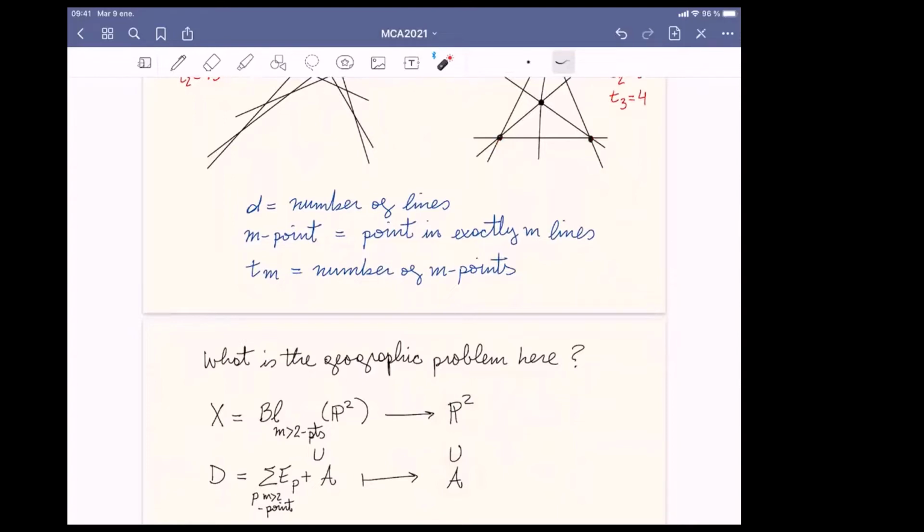So this is blow up all the triple, four-tuple points and not nodes. Now you get this divisor D, which is like the -1 curve over these special points and the strict transform of the arrangement. So this is a simple normal crossing divisor. And now I have a pair, X, D, which is representing configurations of lines in P2.